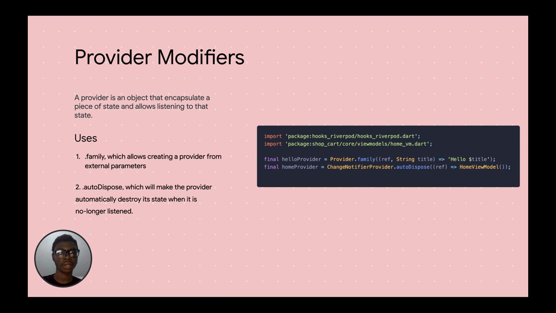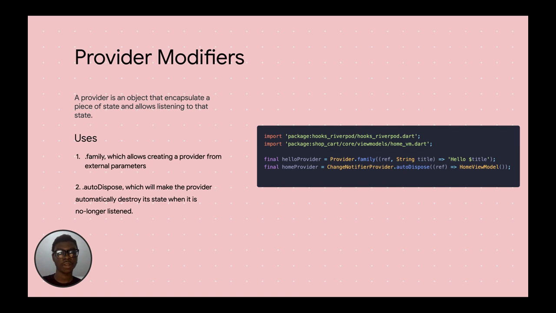providers house initial values such as an empty state or an integer or a string or just an empty view model. But the family method gives us a way to add existing values to this provider. For example, we have the final hello provider.